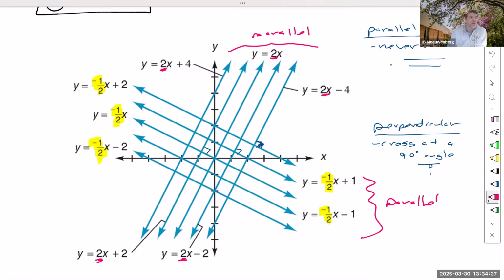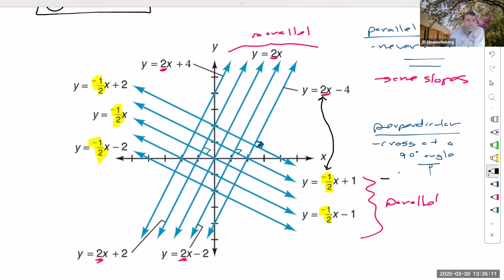And so if we know that parallel lines have the same slopes, again, 2, 2, 2, 2, and 2, what do you notice about the slopes of the perpendicular lines? 2 and -1/2. They have opposite signs, meaning one's positive and one's negative, and they're also inverses of each other or reciprocals of each other.